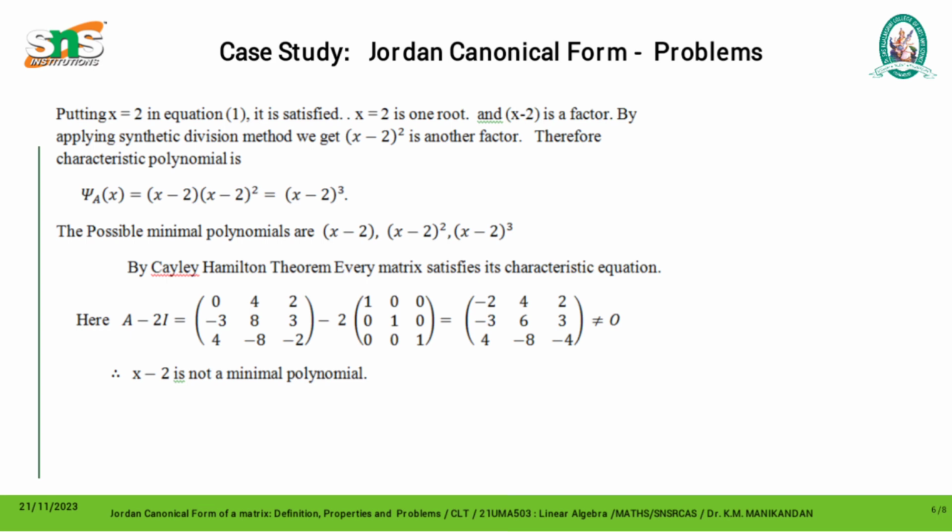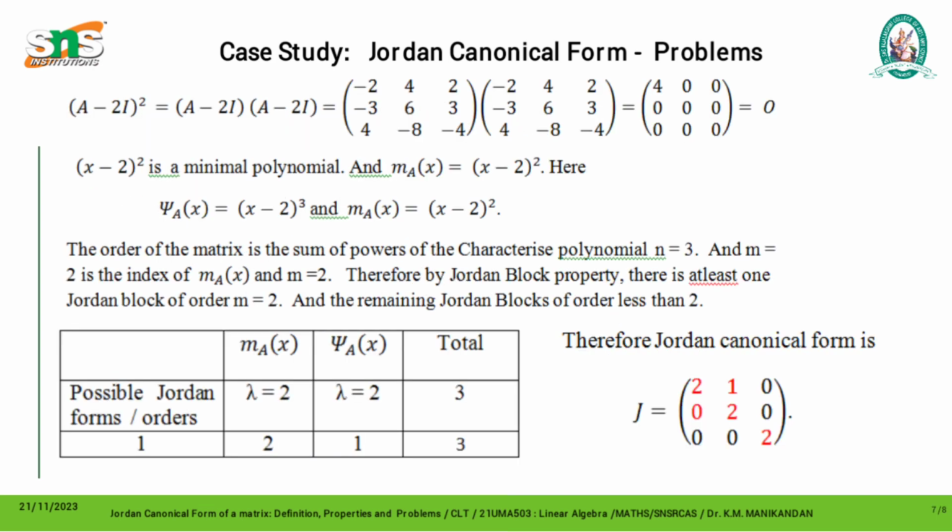So we first check A minus 2I. Replace x by the matrix A and 2 by I, the unit matrix. You find the A minus 2I matrix is not equal to 0. Therefore, x minus 2 is not the minimal polynomial. And when we check A minus 2I whole square, it is equal to 0.